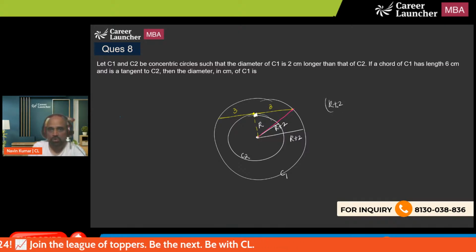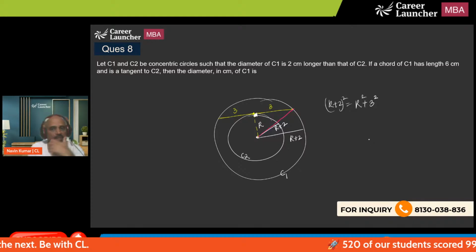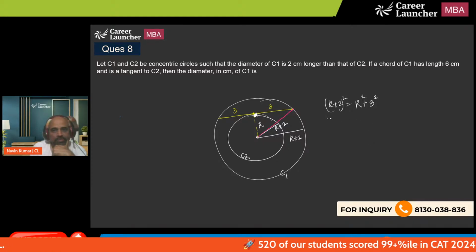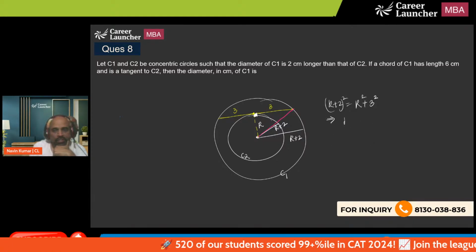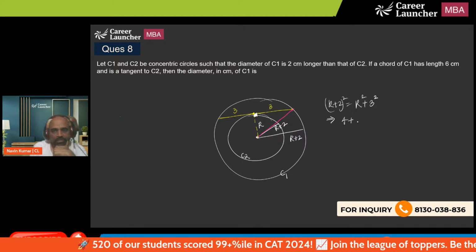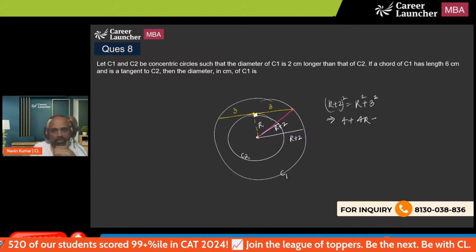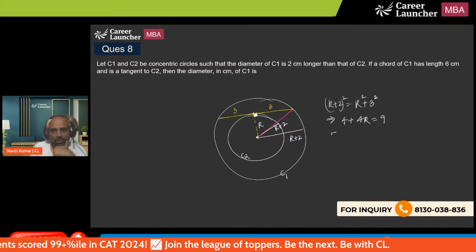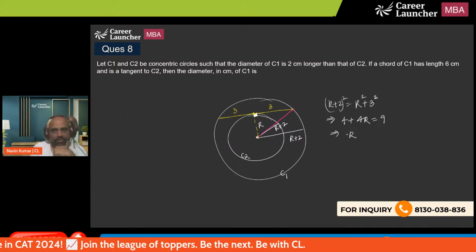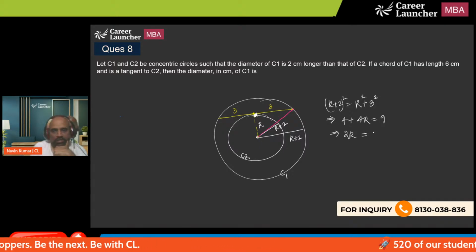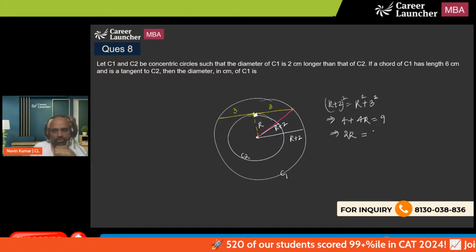So R plus 2 whole square is equal to R square plus 3 square. So we will have 4 plus 4R is equal to 9, or we will get diameter, that is 2R, is equal to 9 minus 4, which is 5 by 2.